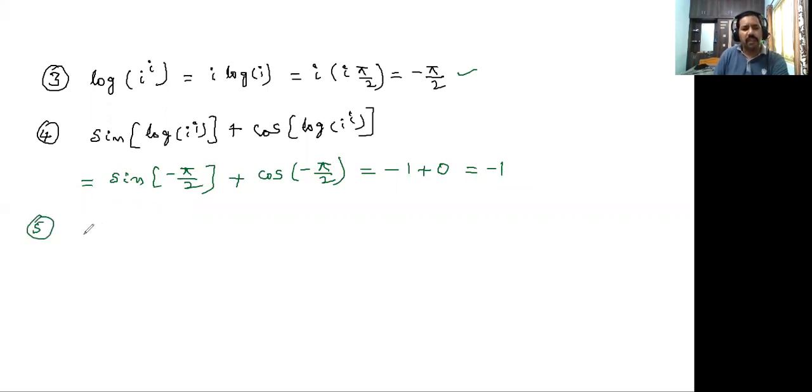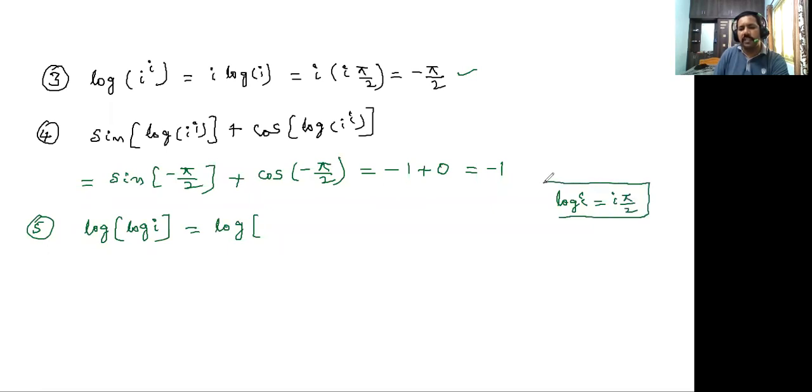Next, logarithm of log i, log of log i. This is a problem. Log of, what is log i value? Now only we have done. Log i value is i pi by 2. Remember it, one formula like that. Okay, so that is log of i pi by 2.